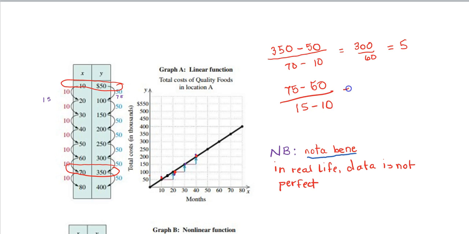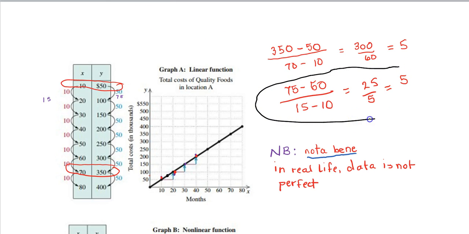That's going to give me 25 over 5. And sure enough, our slope is 5. Okay, and I probably should have changed my color on that, but oh well. So just circle this one in black, or ellipse this thing in black.